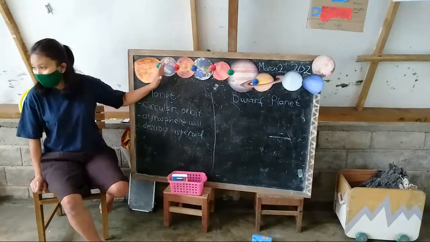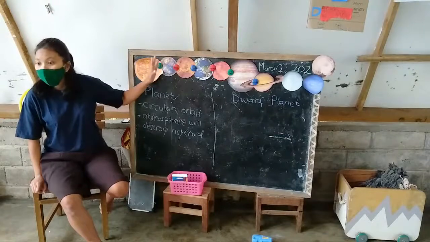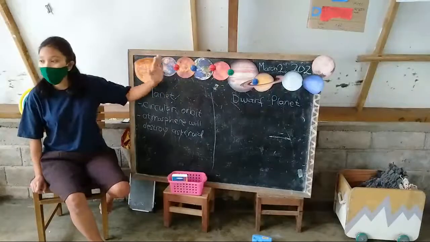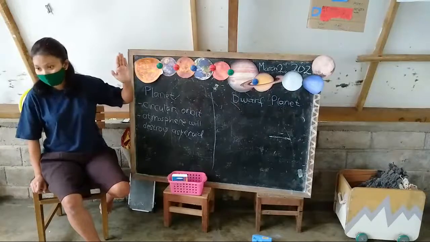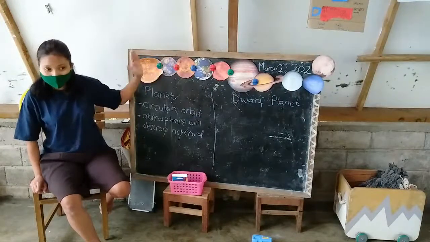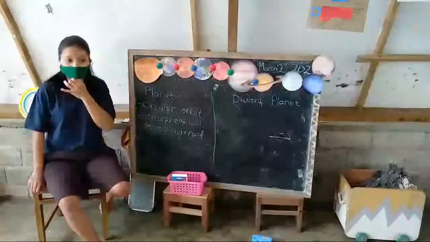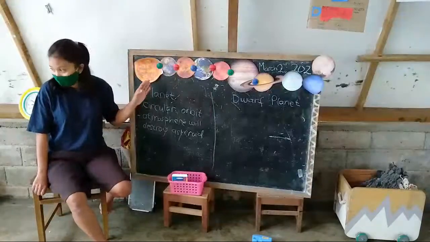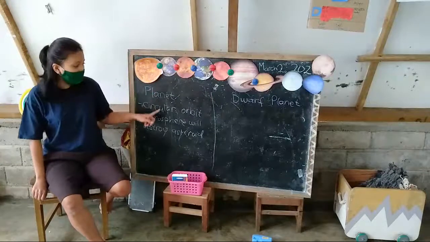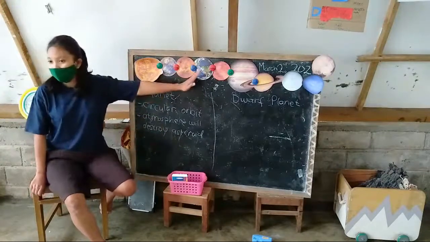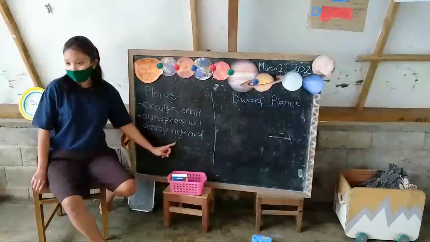Each planet has their own orbit, their own way to go around the sun. So they will not bump into each other. But the atmosphere of each planet protects the planet from asteroids.